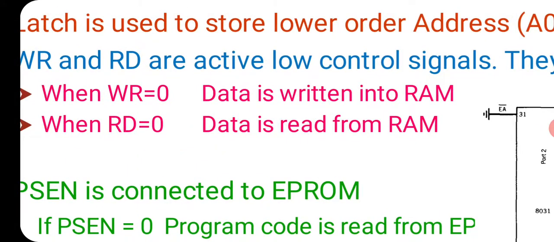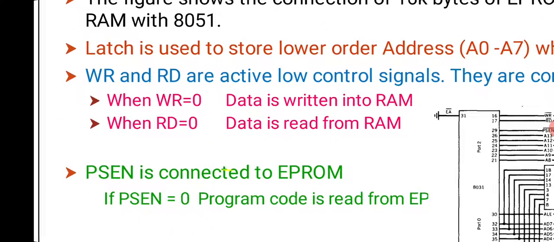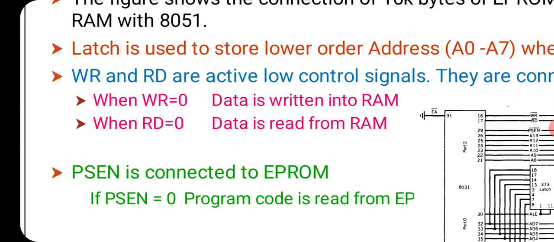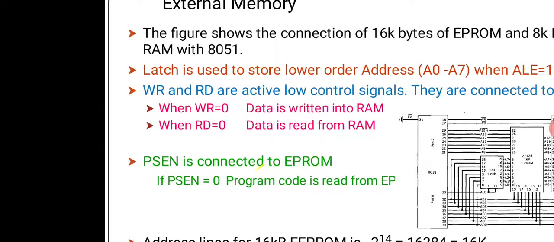Clear? So try to understand these 2 points. To write into RAM memory, 0 should be written to WR, and to read from RAM memory, 0 should be written to the RD pin of 8051.